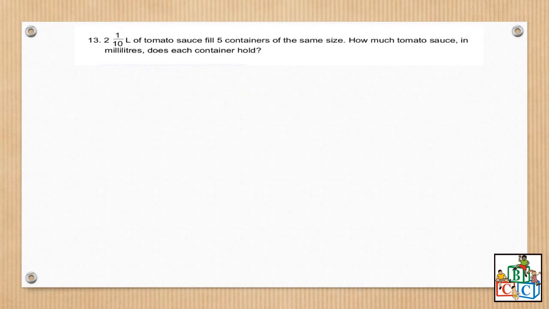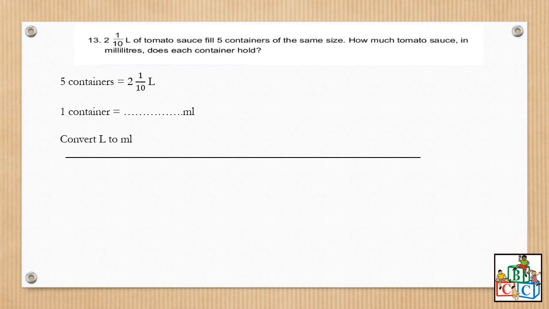Let us see the last word problem question. 2 and 1/10 liters of tomato sauce fill 5 containers of the same size. How much tomato sauce in milliliters does each container hold? 5 containers, 2 and 1/10 liters. So it is asking you in milliliters. What should you do?